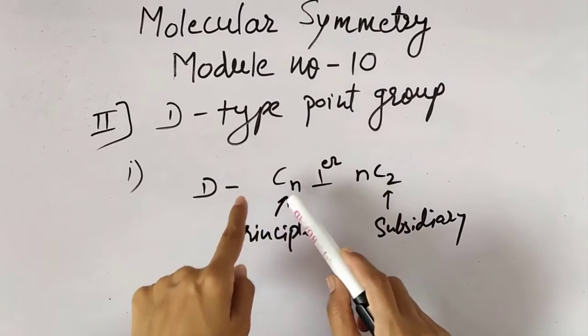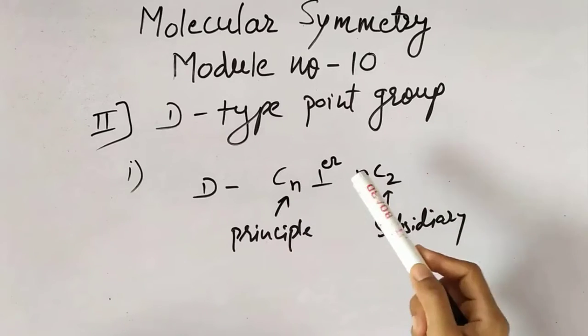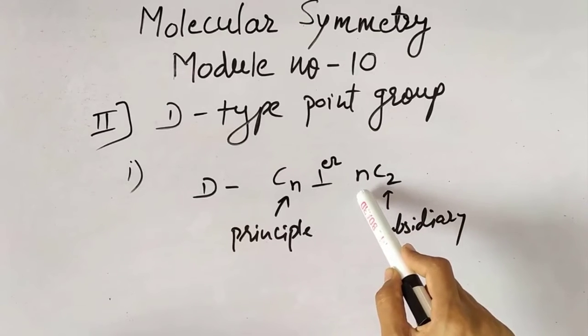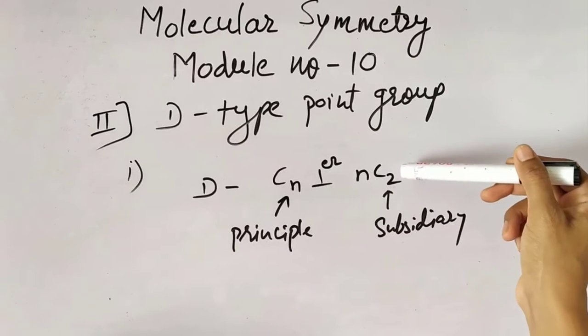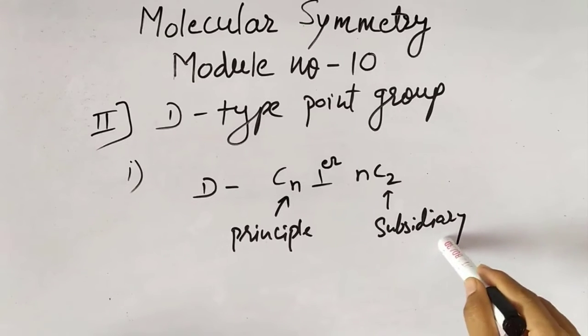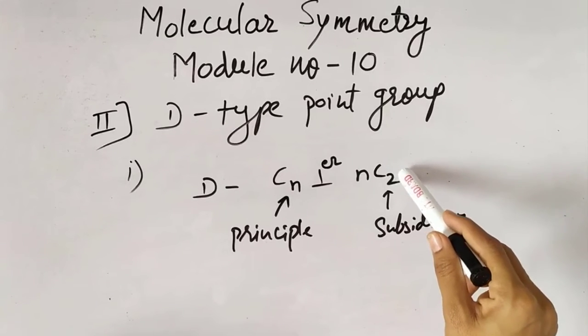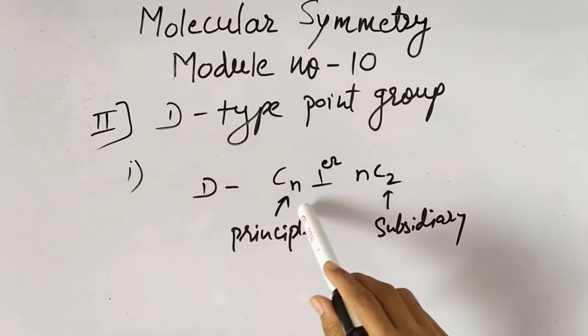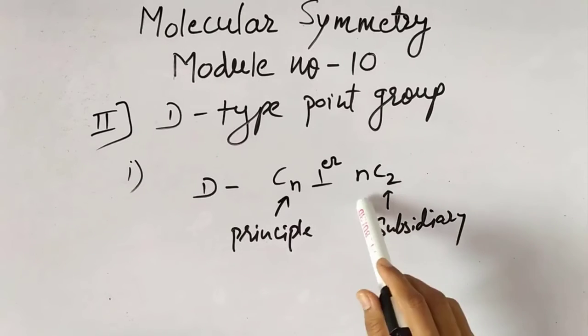From the definition you can see that this n is variable. You can have C2 principal axis, you can have C3 principal axis, you can have C4 principal axis. This n is variable, but the subsidiary axis must be C2. The C2 will remain the same, otherwise n will go on changing according to the fold of rotation.